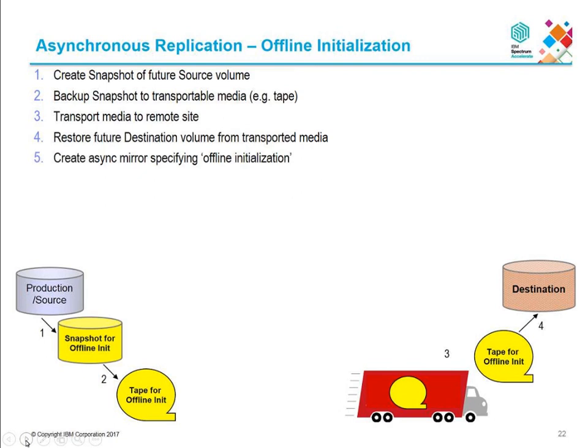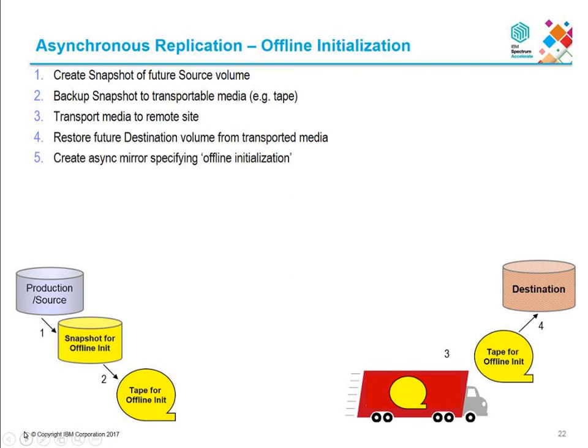And again, I've had customers do it both ways: put some media and ship it to the remote site, or put the data on the storage and ship the storage to the remote site. Either one works, because all I need for offline init to work is for the content of that volume to have been the same at some point in time.